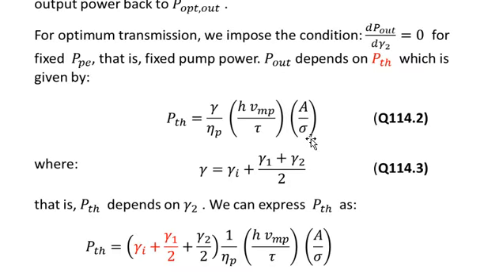Sigma is the cross-section of the spontaneous emission, where gamma is equal to (gamma I plus gamma 1 plus gamma 2) divided by 2. Gamma 1 is the loss associated with mirror 1, gamma 2 is the loss associated with mirror 2, gamma I is the internal losses in the cavity, and this capital gamma on the left-hand side is the sum of all the losses within the cavity.